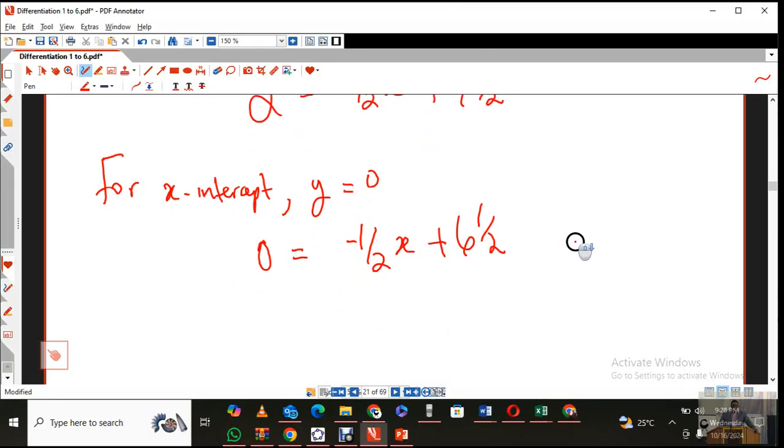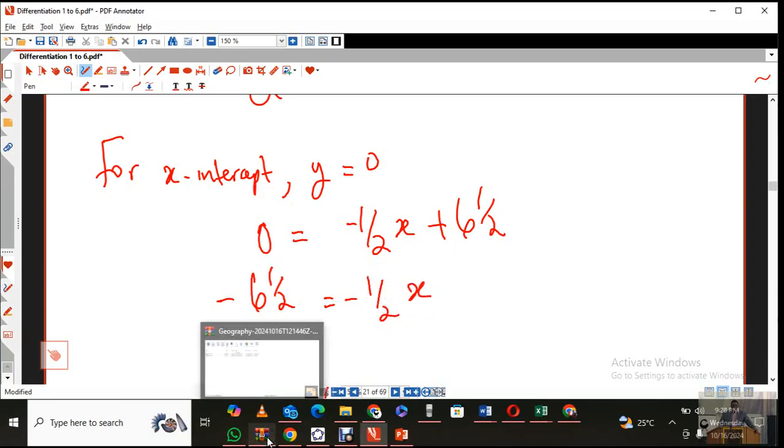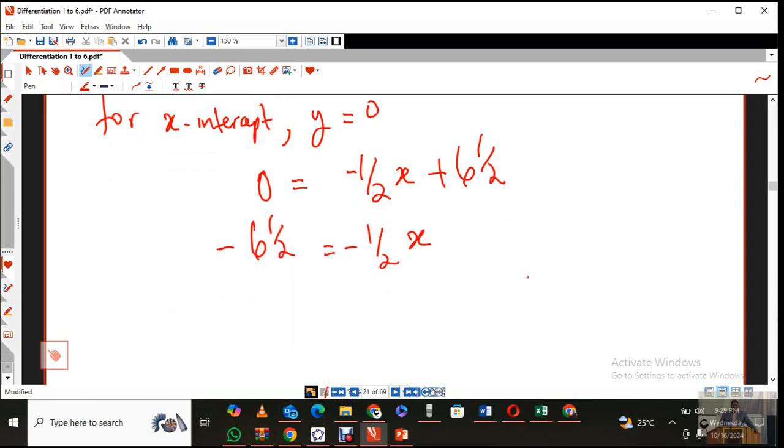Well, you can play around with this. This is going to give you nothing but negative 6.5 equals negative a half of x. So 6 times 2 is 12, so it's 13 halves equals negative 1 over 2 x.